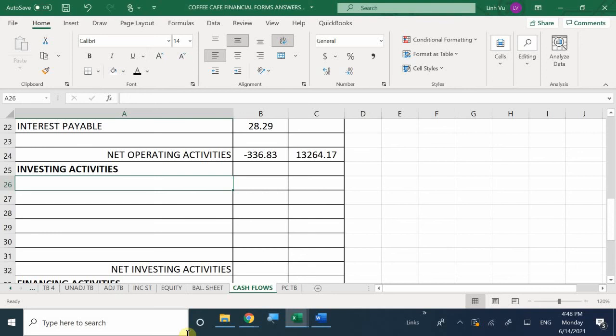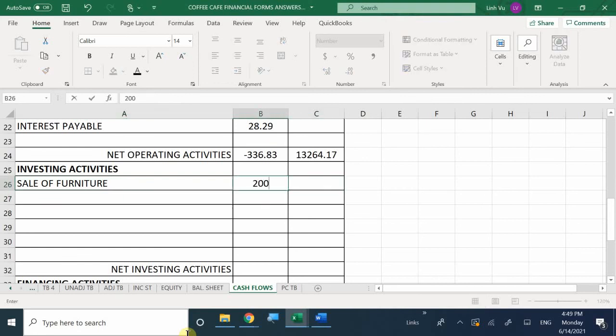Our first thing was we purchased furniture. However, we sold that furniture and we gained money out of it. We got $2,000 cash, so that's a plus to our overall cash flow, because we gained $2,000 from that sale.